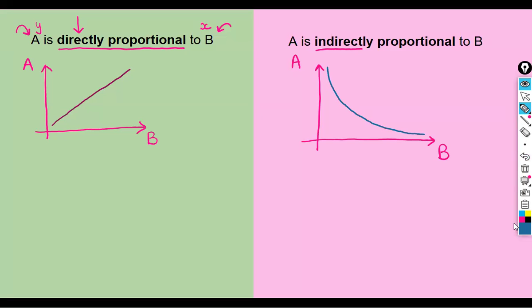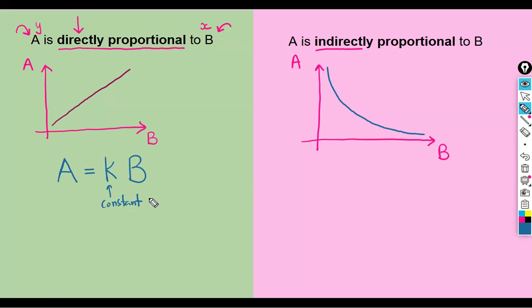Now, whenever they use the phrase A is directly proportional to B, this is what they mean: A is equal to K multiplied by B. Obviously, there's a secret multiply between the K and the B, where K is your constant.